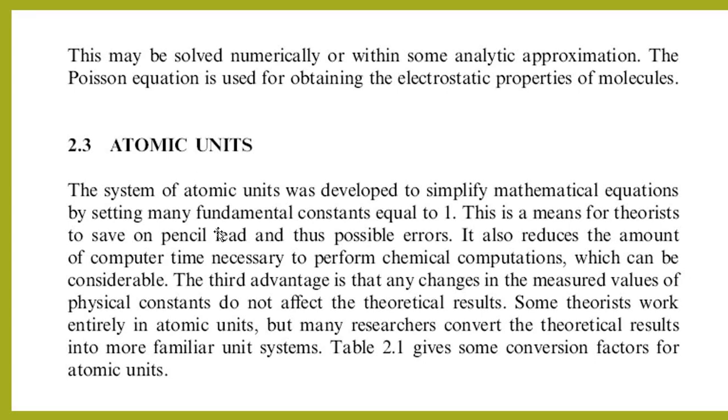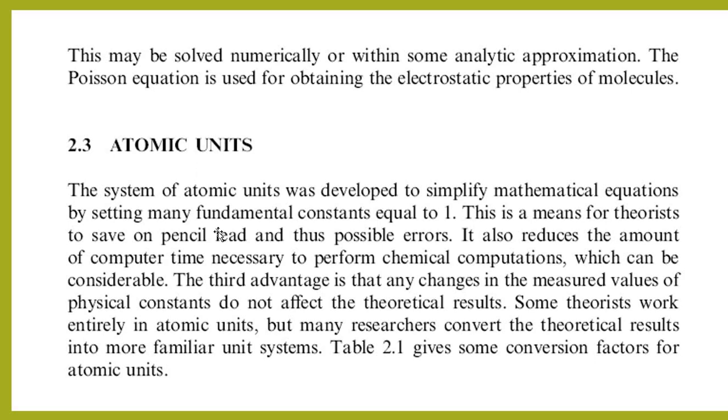Now, atomic units. The system of atomic units was developed to simplify mathematical equations by setting many fundamental constants equal to 1. This is a means for theorists to save on pencil lead and thus possible error. It also reduces the amount of computer time necessary to perform the chemical computations, which can be considerable.